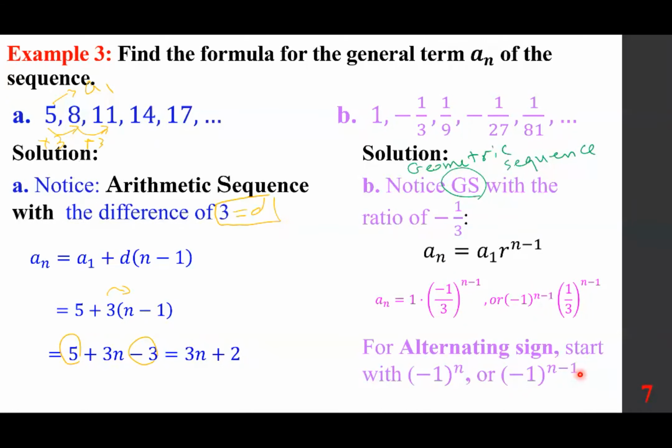In some instances, they may use n plus 1 because it gives you the same result. Either way is fine. So pay attention to whatever your general solution is. Replace the n with 1, make sure you get the first term. Replace the n with 2, make sure you get the second term, and so on and so forth.